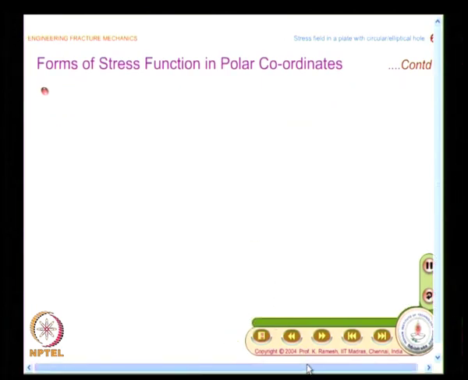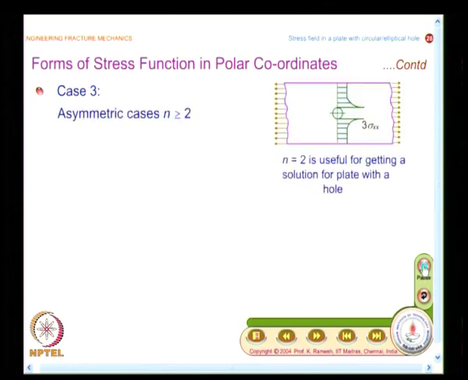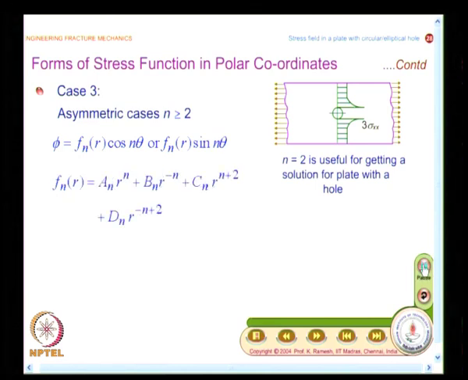So, what you find is n greater than or equal to 2, you have a generic expression where phi is defined as fn(r) cos n theta or fn(r) sin n theta, and the generic function f of r is given as an r power n plus bn r power minus n plus cn r power n plus 2, plus dn r power minus n plus 2.